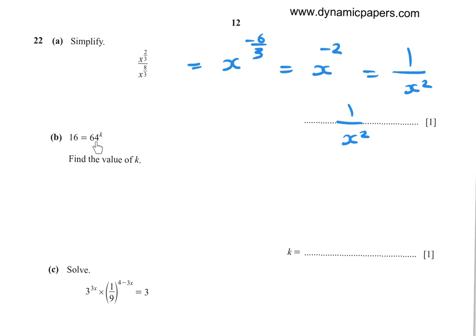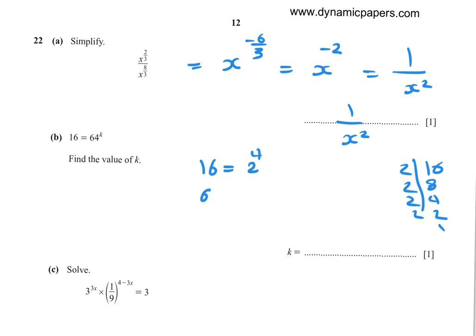For B, 16 equals 64 to the power k. We need to find k. 16 can be written in terms of 2. If you factorize 16, divide by 2, 8, divide by 2, 4, divide by 2, 2, divide by 2, 1. So 2 power 4. So 16 is 2 power 4, because I need the same base for both sides.